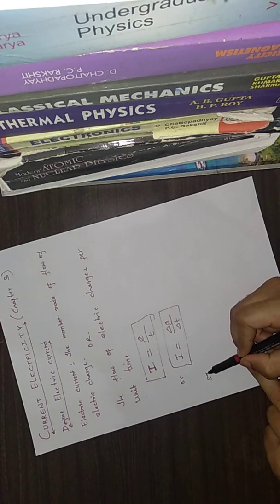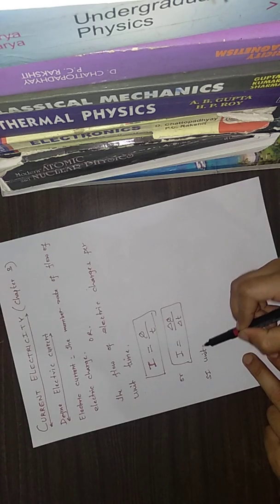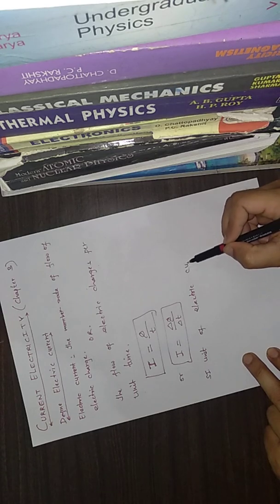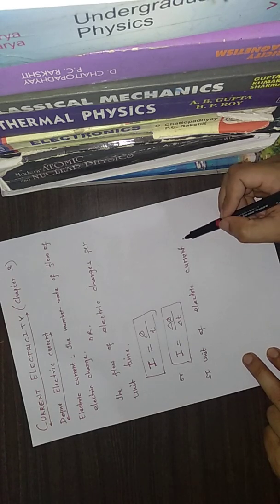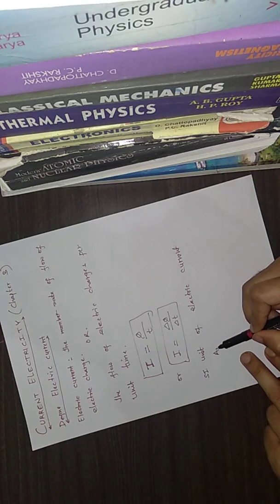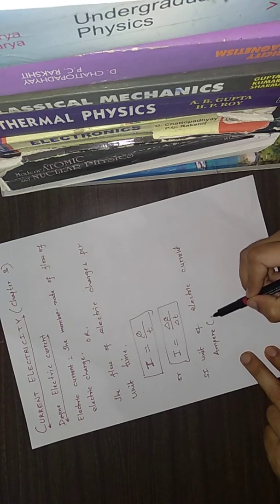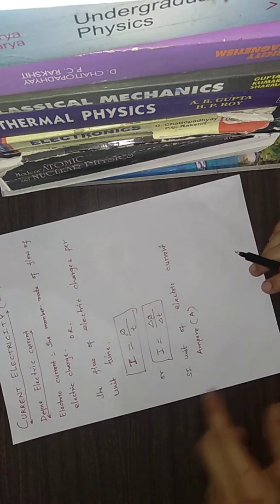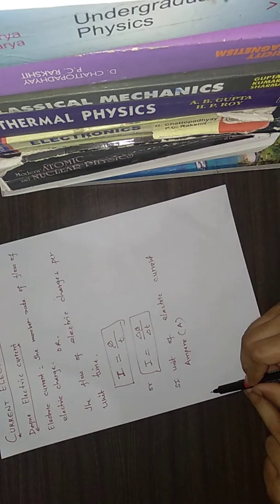The SI unit of electric current is ampere, which is symbolically written by capital A.